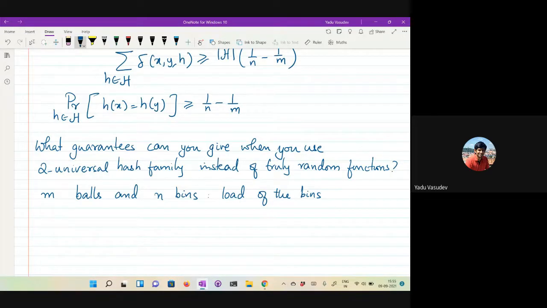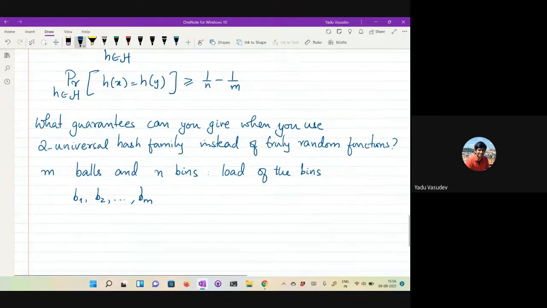So what can you say about the expected load? Say you have balls b1, b2, and so on till bm, and you have n bins. What can you say about the load in a particular bin i?